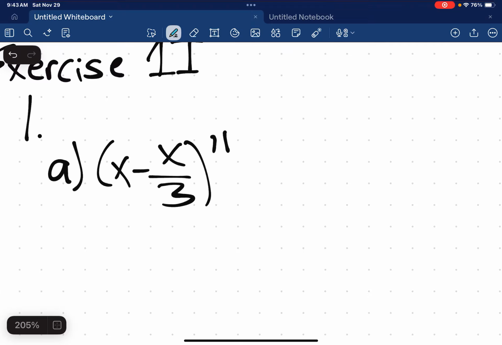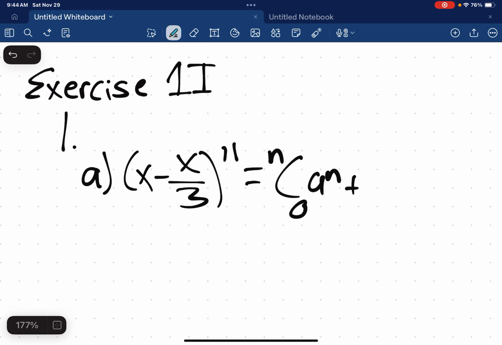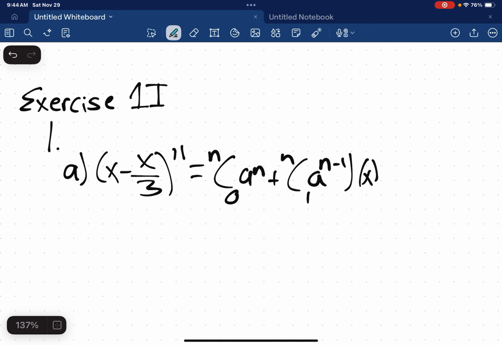And remember, according to the binomial theorem, this is just going to be equal to n choose 0 times a to the n plus n choose 1 times a to the n minus 1 times x, and so forth. We're just going to do n choose 2, and we can see the pattern going on here.